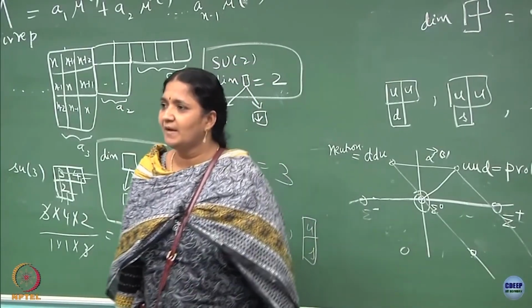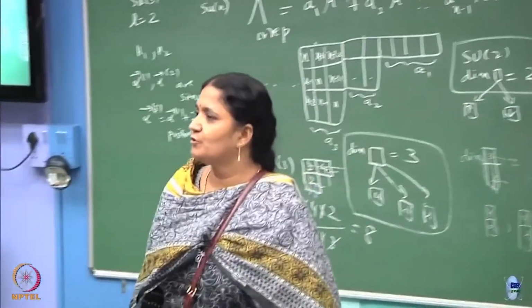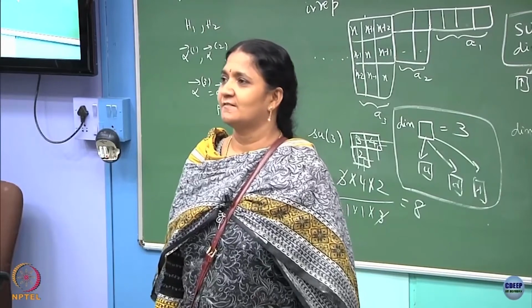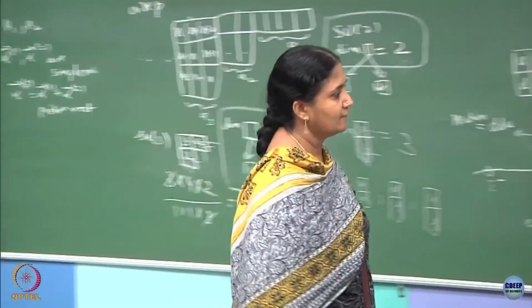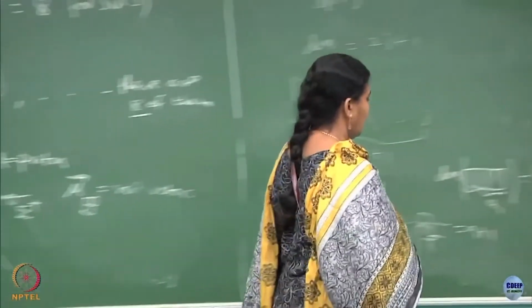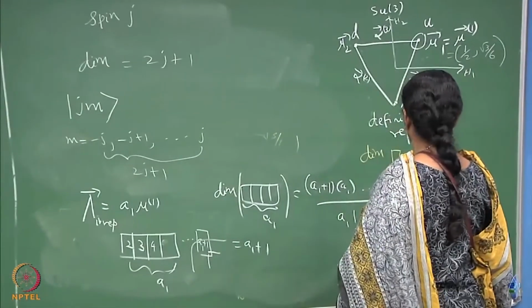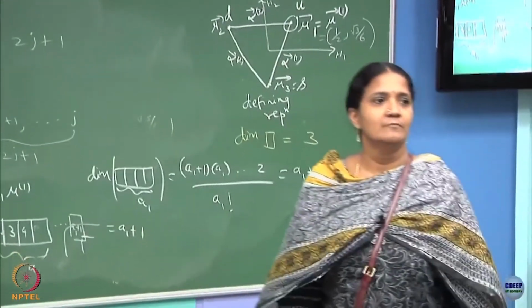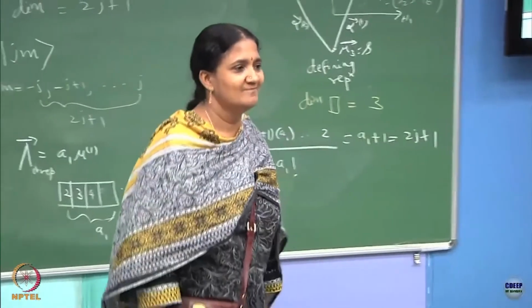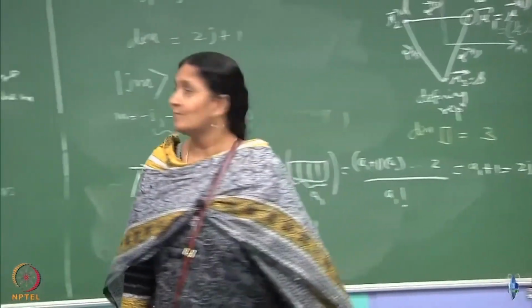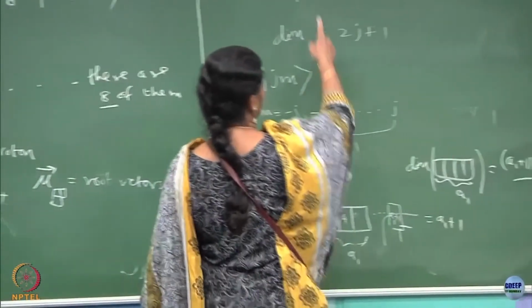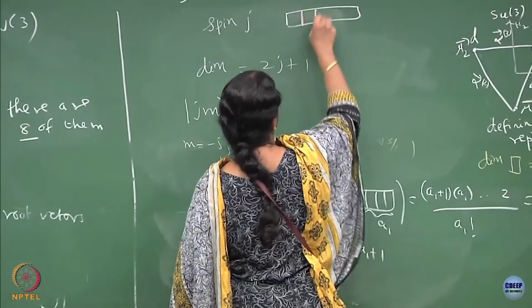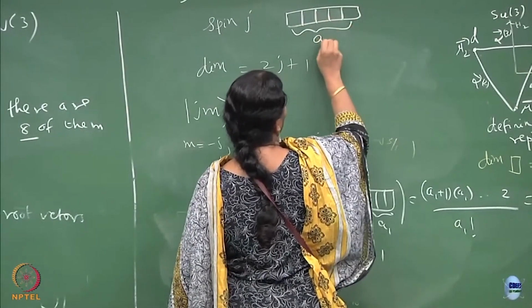So, for a spin J representation, what is the diagram you should draw? A diagram with how many boxes? This dimension is A1 plus 1. I want this to be 2J plus 1. What is the diagram? The spin J diagram will be a single row with how many boxes?